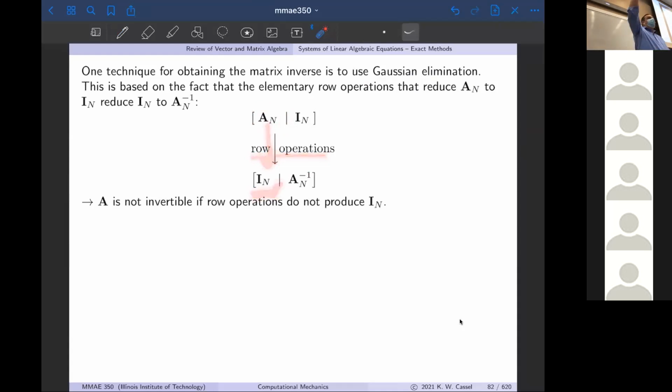So row echelon form is ones down the diagonal and zeros below. Reduced row echelon form is ones down the diagonal, zeros below and above, which is the identity matrix.